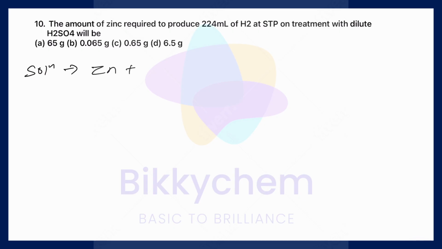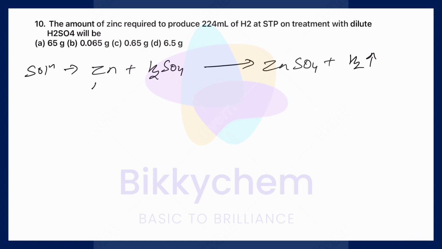Zn on reaction with H2SO4 gives ZnSO4 and hydrogen gas. So our aim is to know how much amount of zinc is required to produce 224 ml of H2 gas.